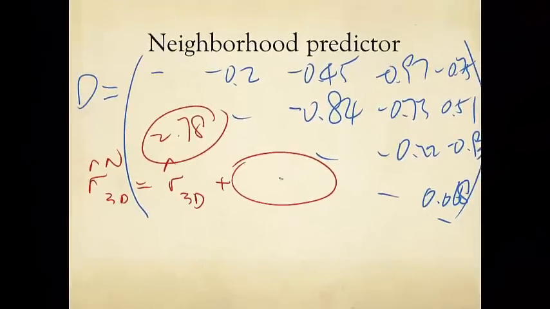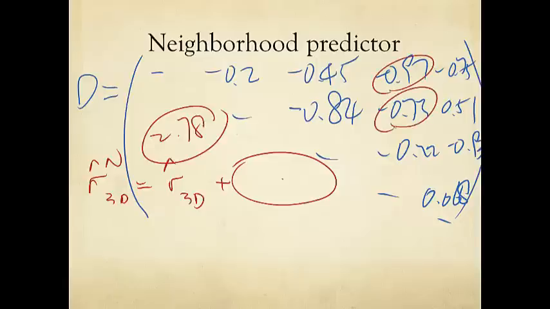Now what is this? Since we decided the neighborhood consists of 2 movies, for movie D, what are the top 2 most similar or most dissimilar movies? We can see that movies A and B are most similar or dissimilar in the absolute Dij terms. Actually, both are very dissimilar. A and D are very dissimilar.